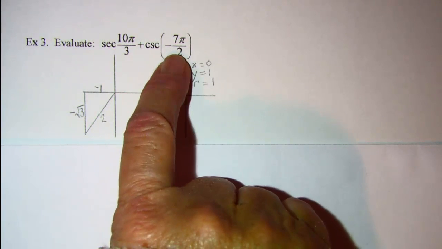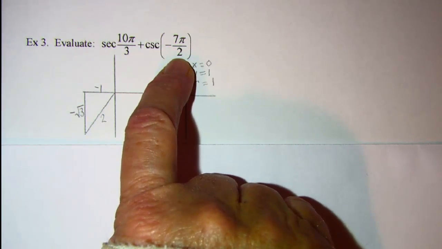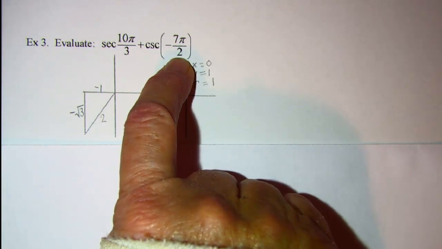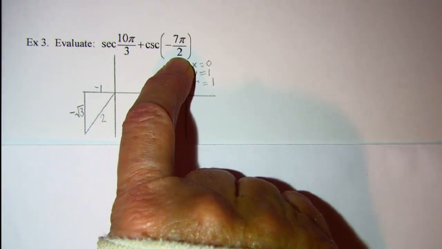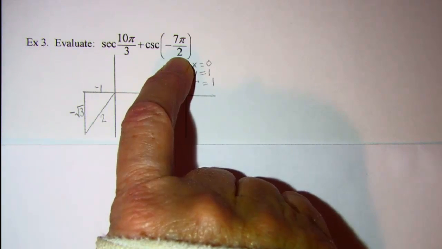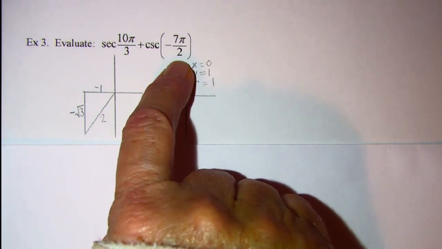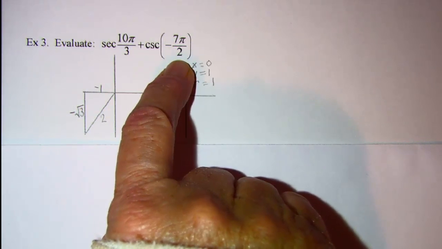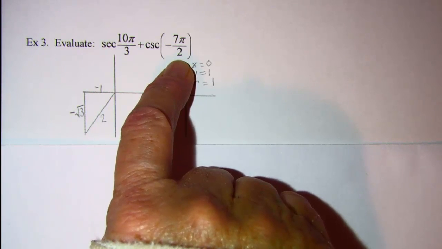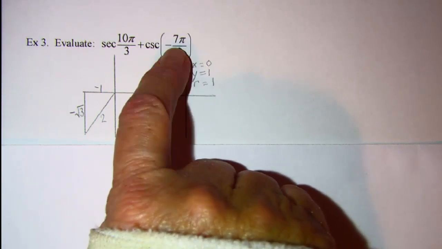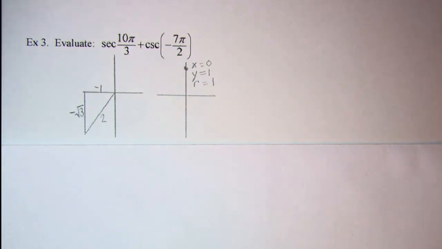Now for this one, my denominator is 2. That means I'm on an axis, and this is a quadrantal angle because pi over 2 is 90 degrees. And I have a negative angle also.